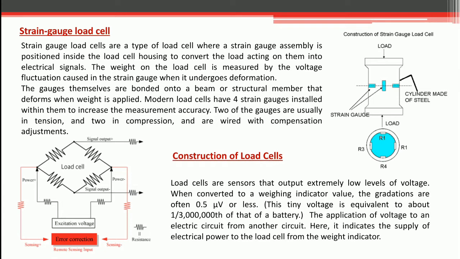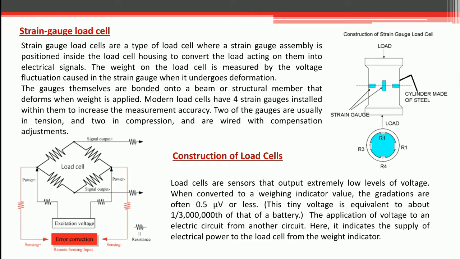The next one, which is very important, is the construction of load cells. Load cells are basically sensors whose output is an extremely low level of voltage. When converted to a weighing indicator value, the gradation is often 0.5 microvolt or less.